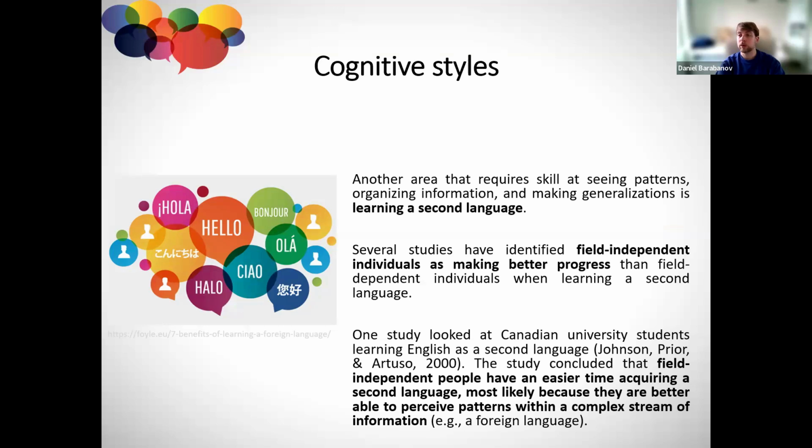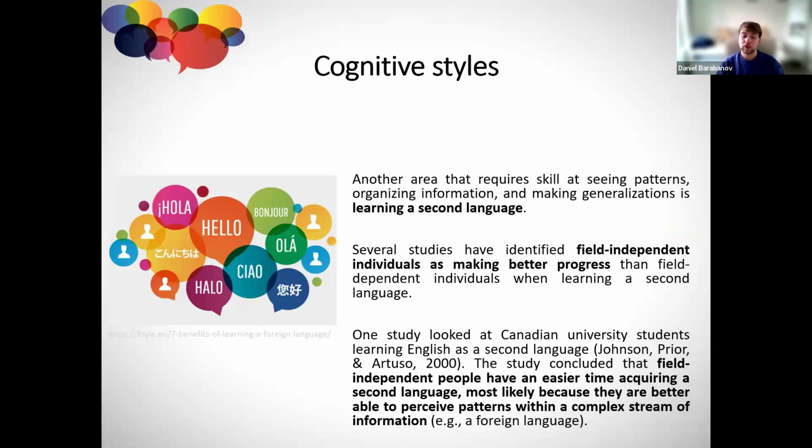When we learn a foreign second language, it's a huge amount of information, right? It's very hard to understand which aspects of this information you should focus on, including all those rich social contexts which stand behind any language.